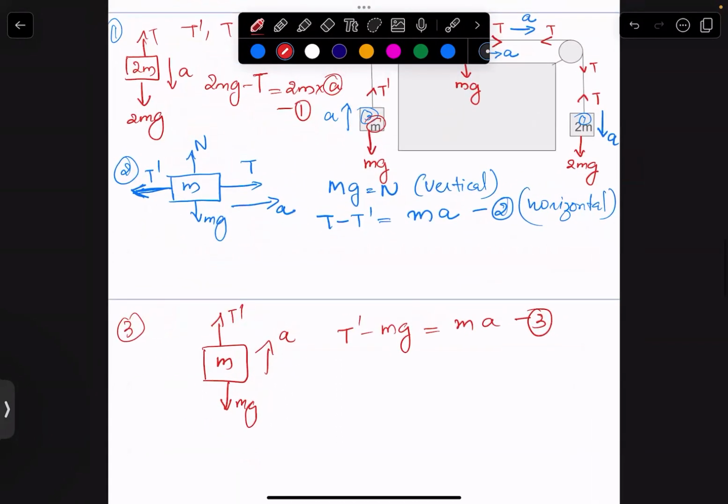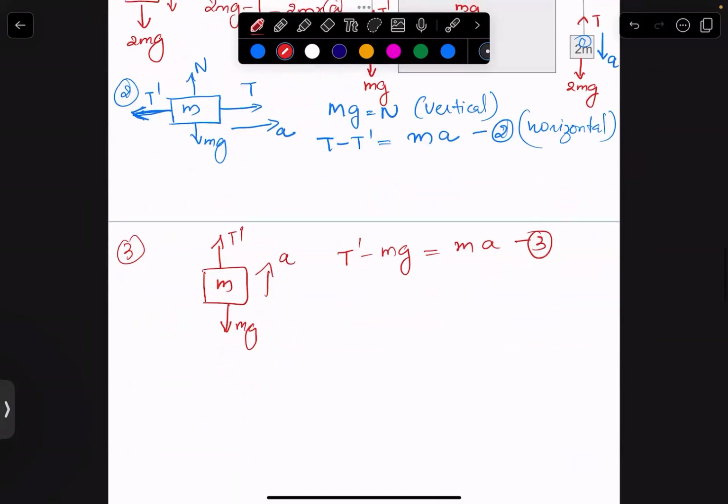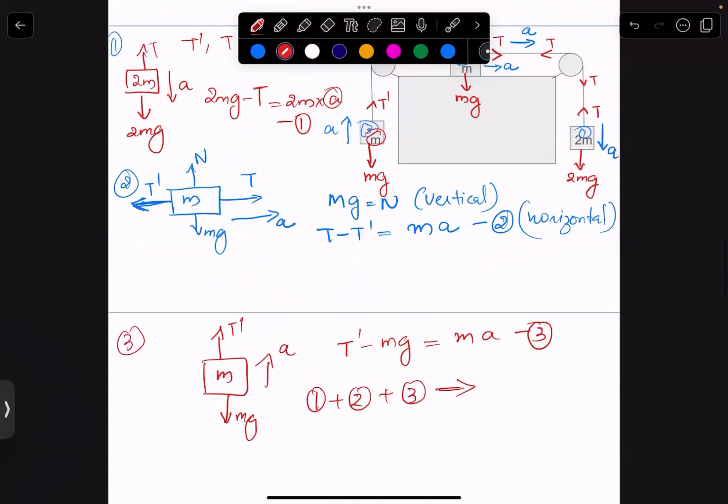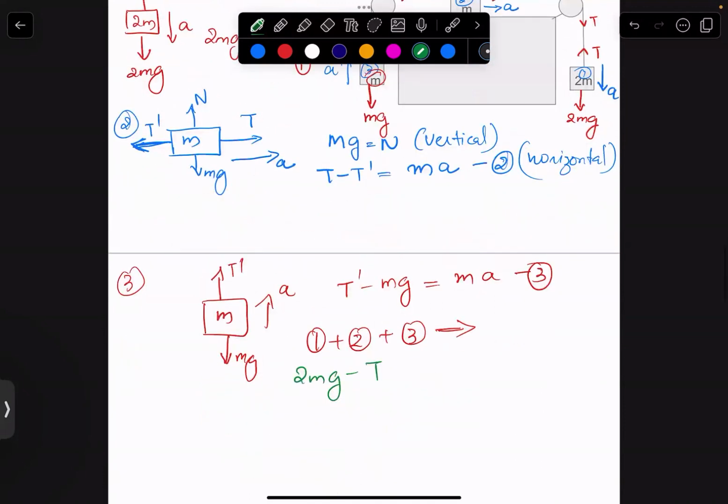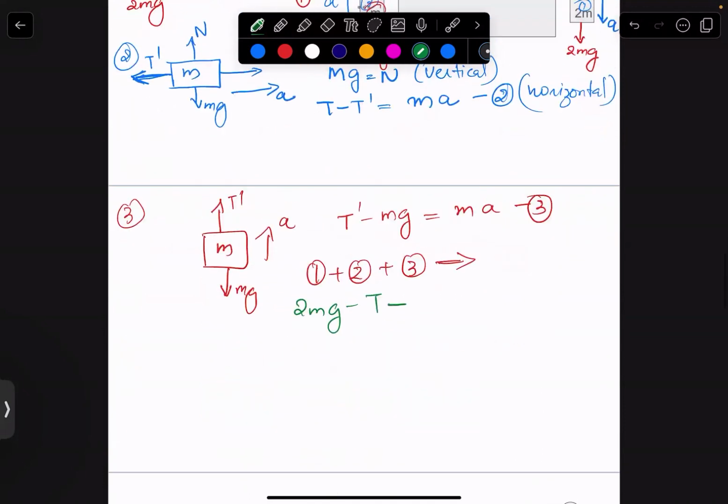Now, three equations, three unknowns. How to solve this? You will add these three equations first. So what will you get? 1 plus 2 plus 3. RHS is 2mg minus T, plus the second equation, T minus T dash, plus the third equation, T dash minus mg.